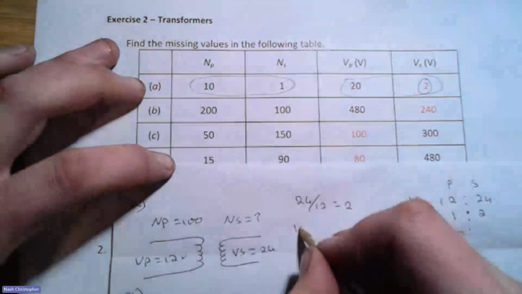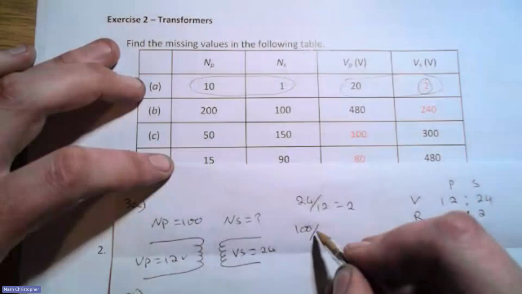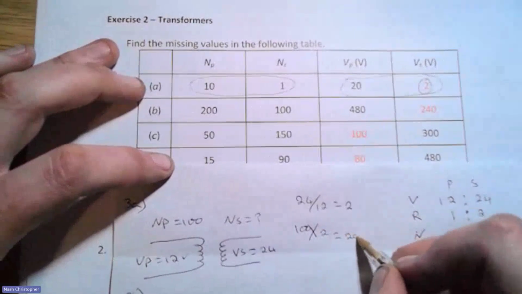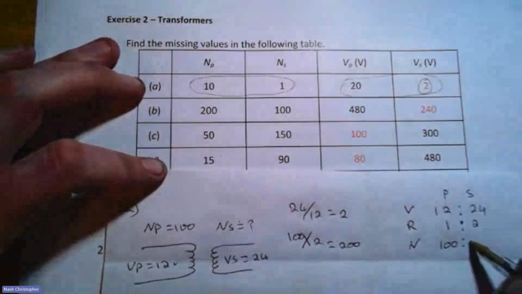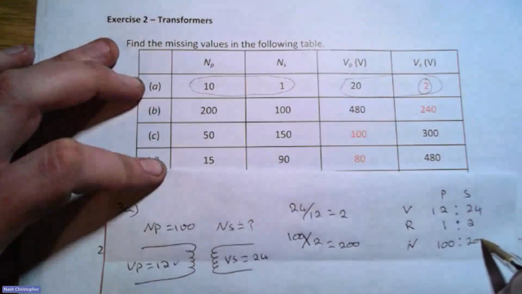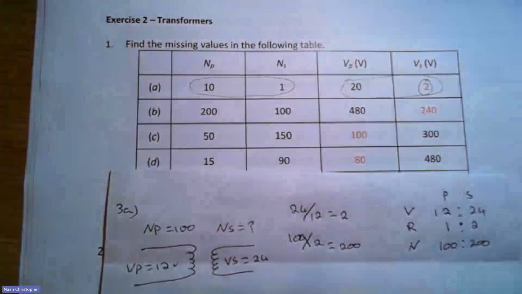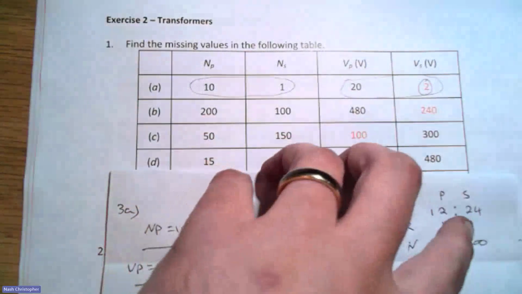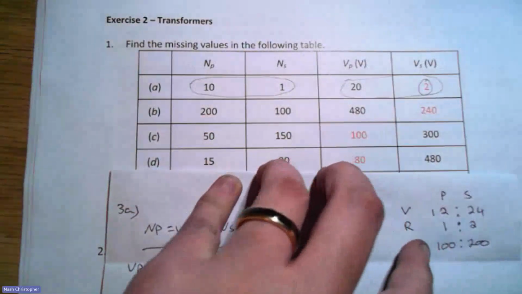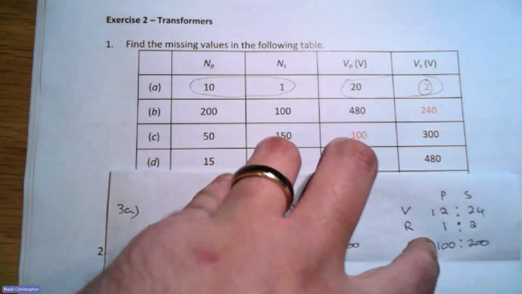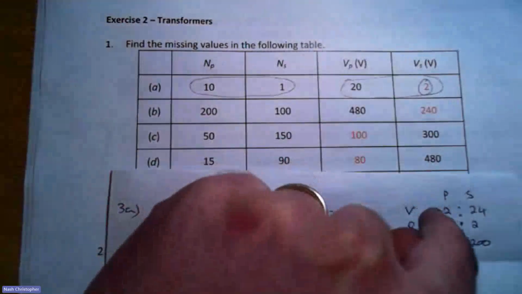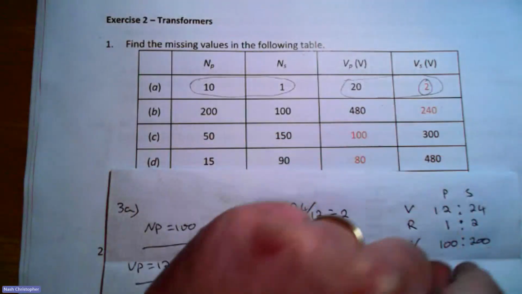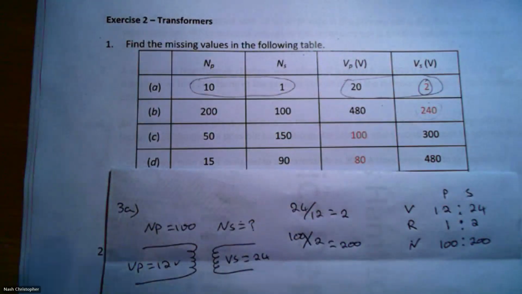So we would need to take the 100 times that by 2, which gives you 200. So the secondary set of windings would be 200. So 24 is double of 12, 2 is double of 1, 200 is double 100. So the ratios, the amounts are all the same for each of the different units.